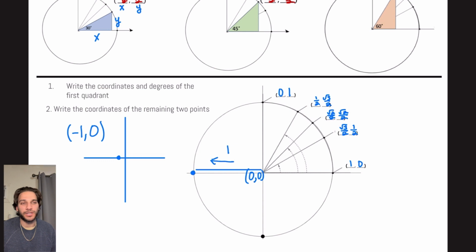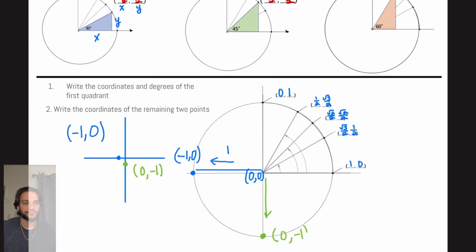So that is the point on the unit circle if we move to the left 1. If I go straight down to the bottom, I'm going to get this green point right here on a regular graph, which is what the unit circle is graphed on. That's going to be 0, -1. So now I can write those points: -1, 0, and 0, -1.